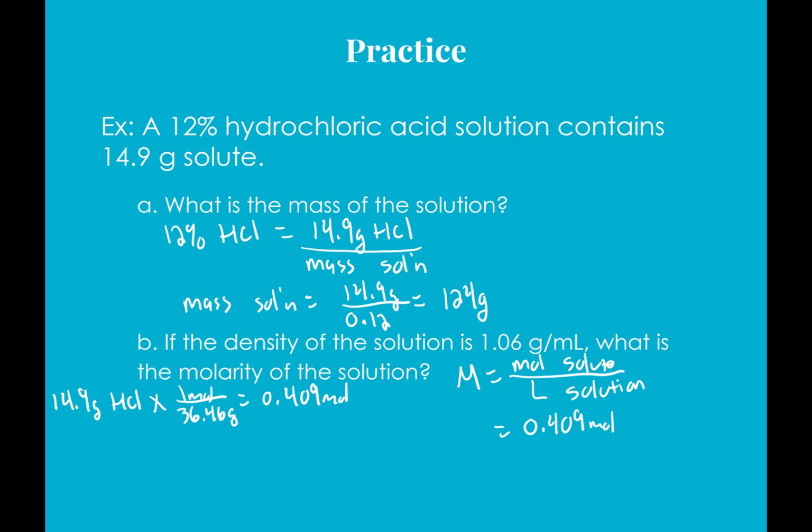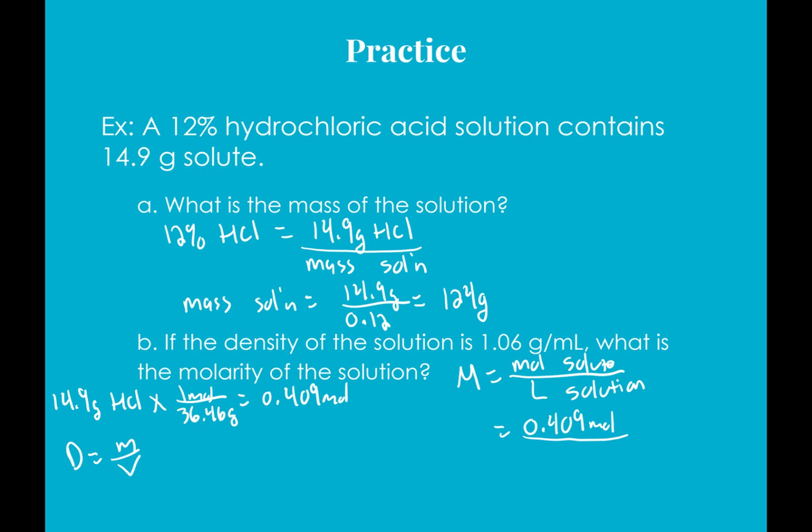Now all that's left is to find the volume of the solution. In part A, we found the mass of the solution, which is great but not very helpful right now because we're looking for a volume. What is helpful is the fact that we are told the density of the solution. So we know that density is just mass over volume.